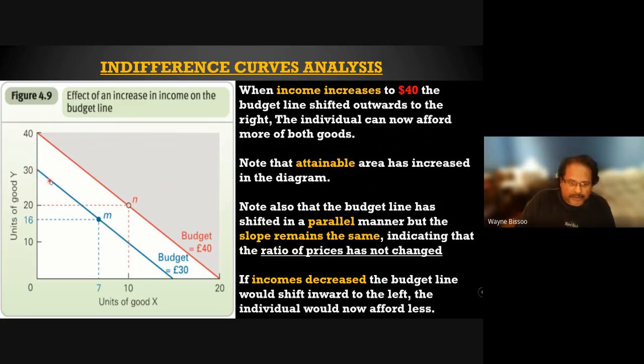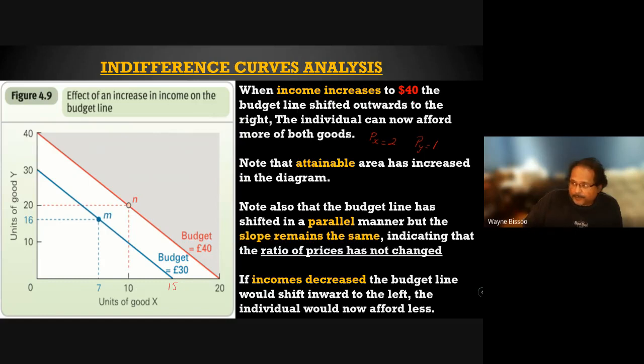You notice that the budget line has shifted from 30 to, actually no, they took back, this is 15 here. So we're back at the situation where the price of good X is equal to $2, and the price of good Y is equal to $1. So we're back to our original budget line of 30, 15.